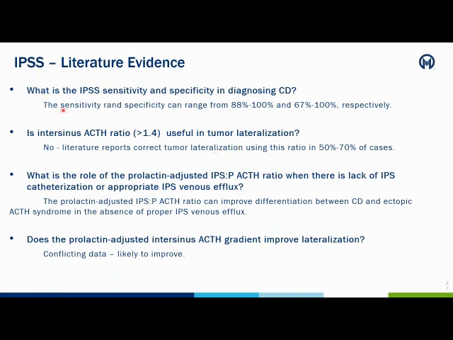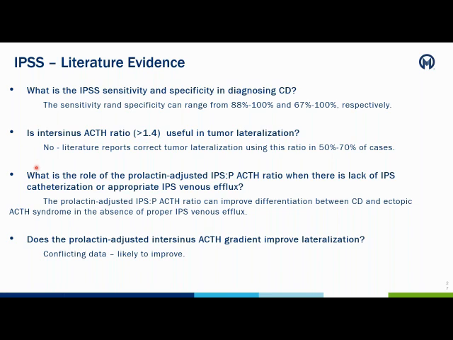So high sensitivity and specificity in diagnosing Cushing's disease. Intersinus ratios are not used for tumor lateralization because they're fairly inaccurate in the majority of cases.